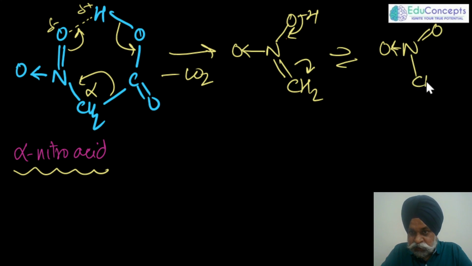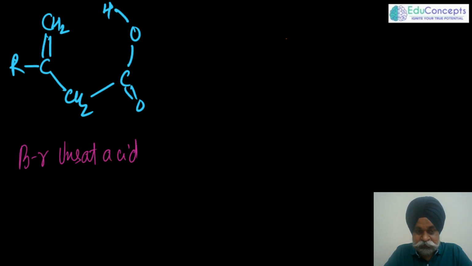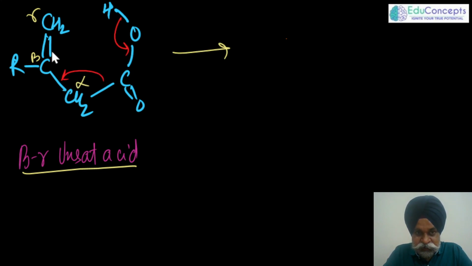This is called nitro-aci tautomerism. If you have ever read about it, or if you have not, just see one of the DCD series which I made last year on this particular topic, nitro-aci tautomerism. And similarly, beta gamma unsaturated acid: this is alpha, this is beta, this is gamma. If you have a beta gamma unsaturated acid, the same type of feature can happen in this case as well.